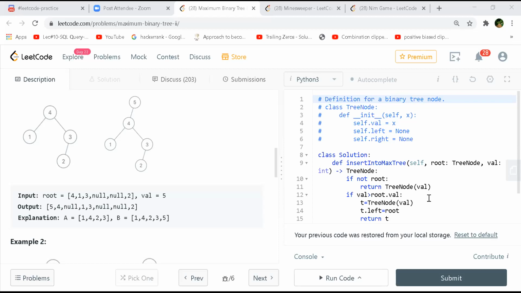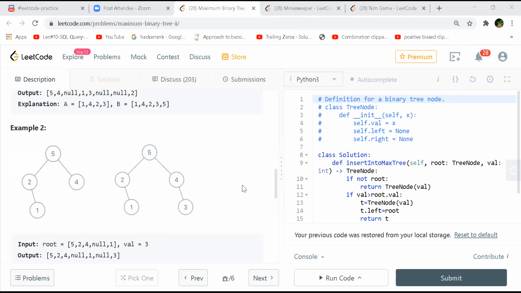So in this case, could you scroll down, Shashank, please? Yeah, sure. So here, if you look at it, we are inserting the value 3, and this 3 goes to the right subtree, and it's put on the right side of 4.